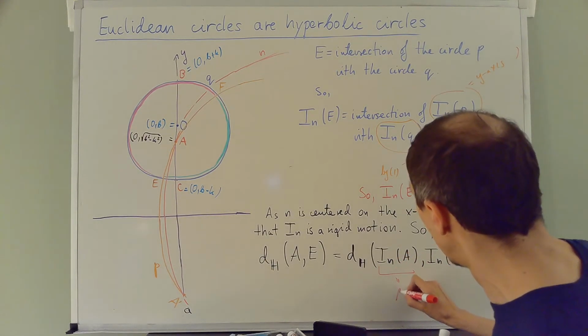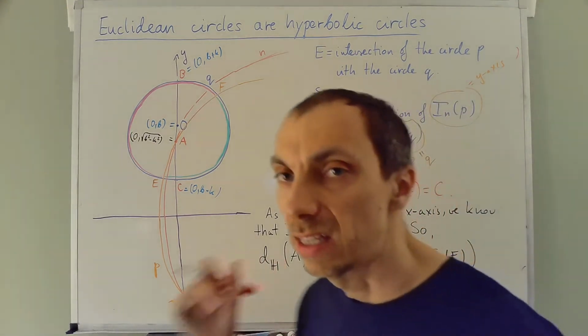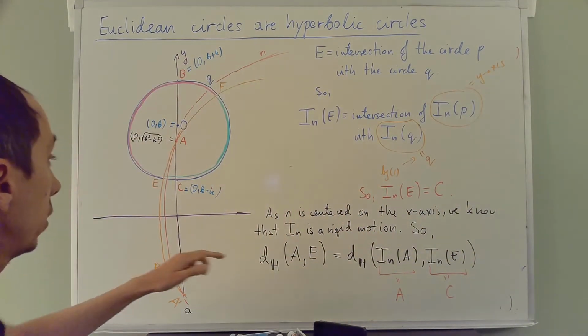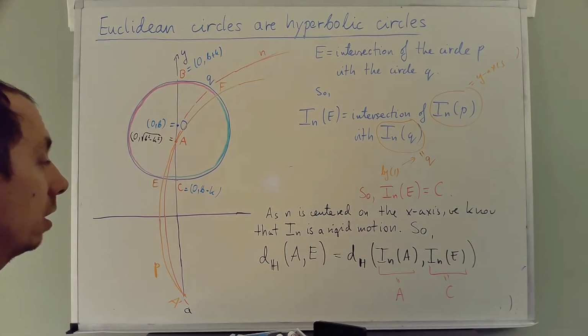That's A. And what's In of E? That is C, which is exactly what we wanted. So the hyperbolic distance between A and E is equal to the hyperbolic distance from A to C.